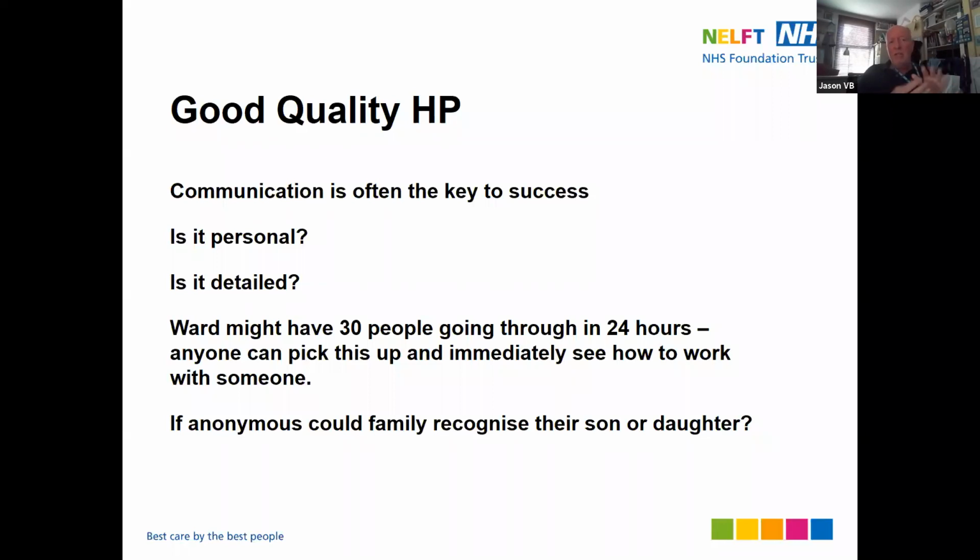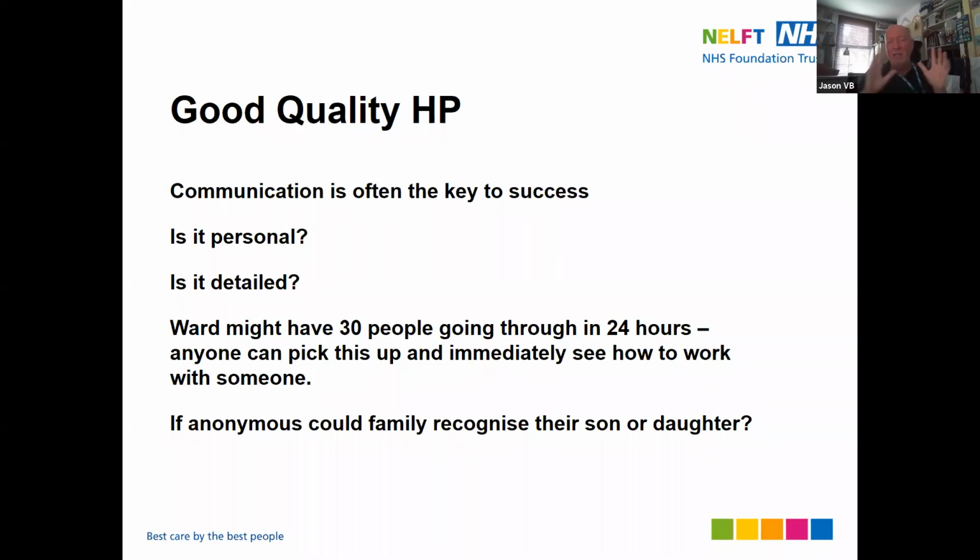And the idea is that hospital passport is in that person's folder, in that person's file, next to that person's bed, that staff can look at that and immediately see how they can work with that person, particularly, as I said, the critical stuff about how to do good quality communication.